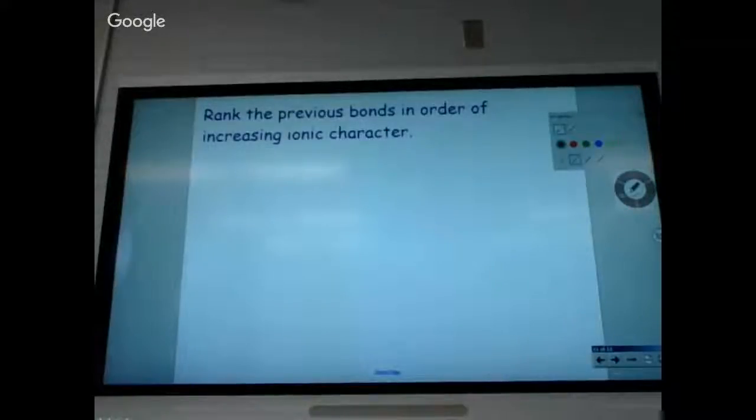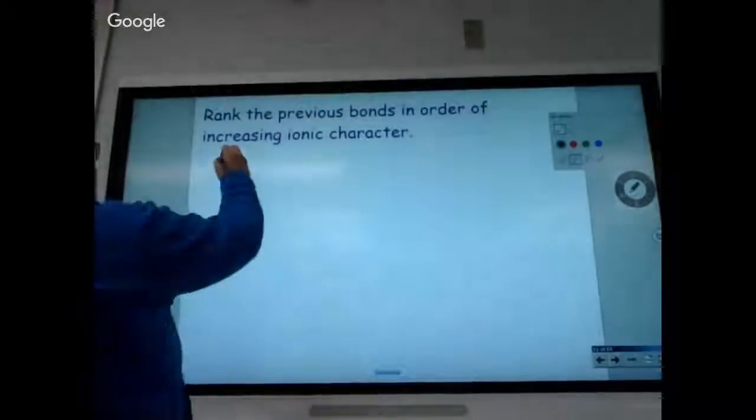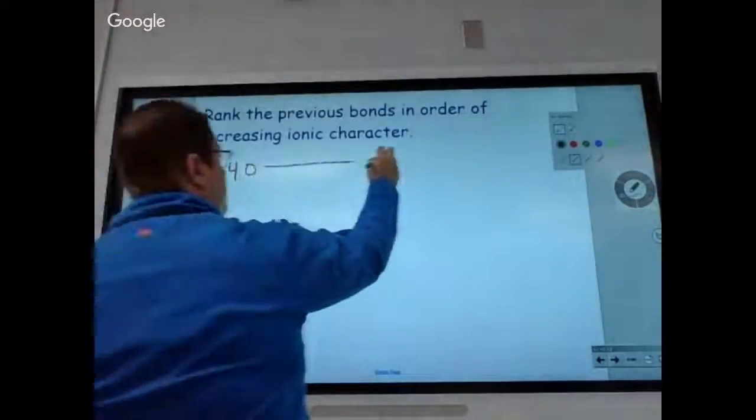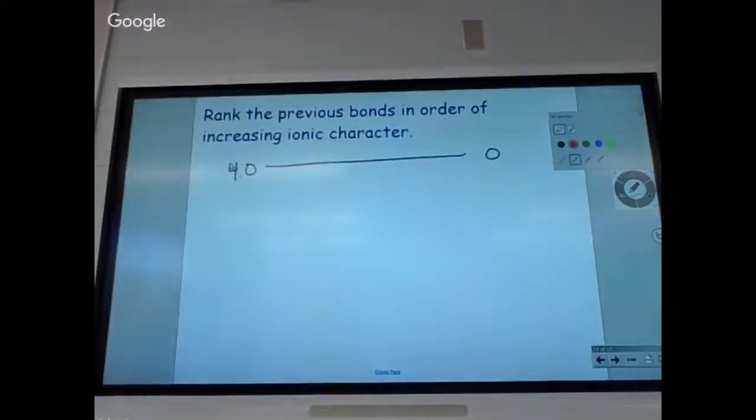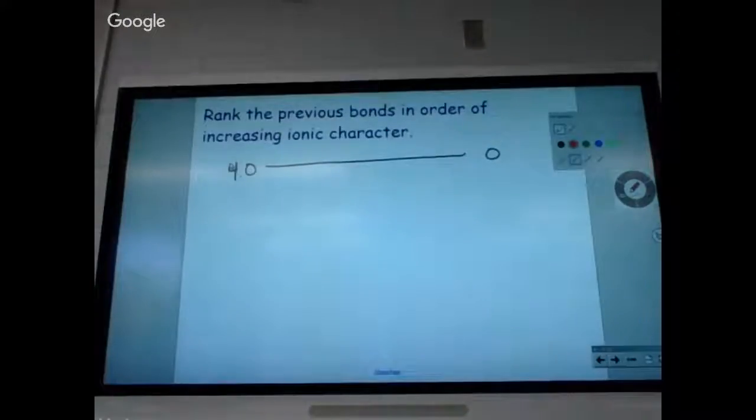So when we look at the scale, where on the scale would we have the increasing ionic character? If we go from 4 to 0, where is the greatest ionic character? It's in the ionic range. Okay, so let's just go 4 or 0. Let's make it easier.